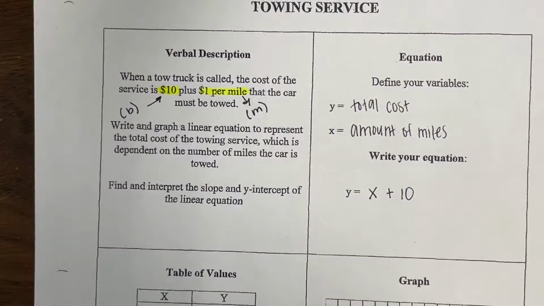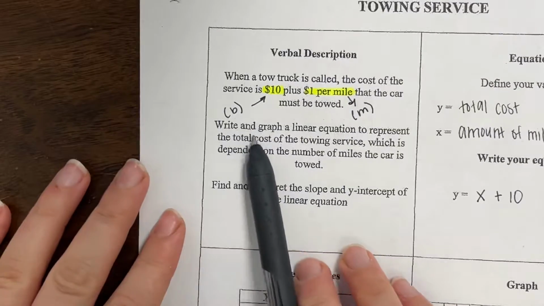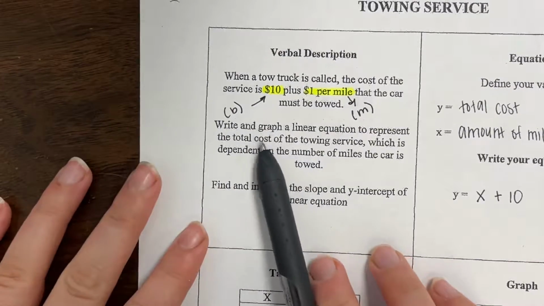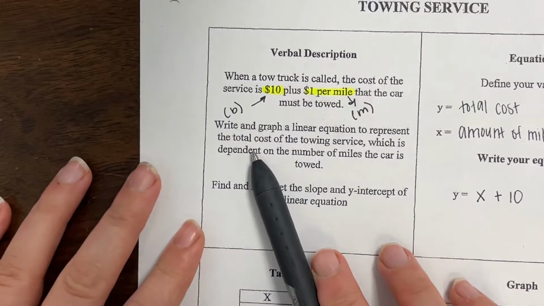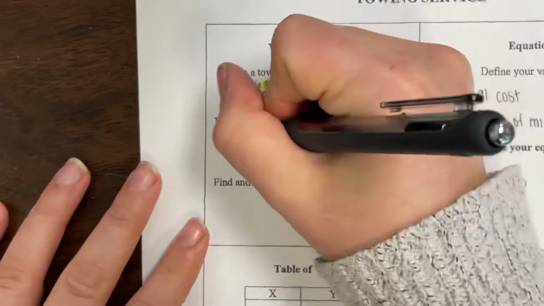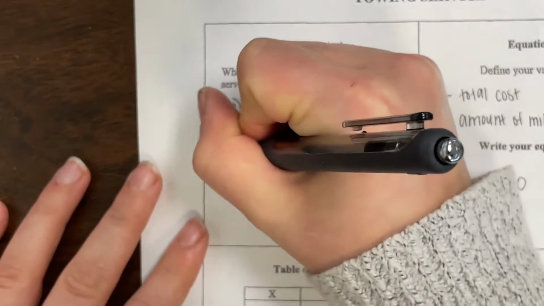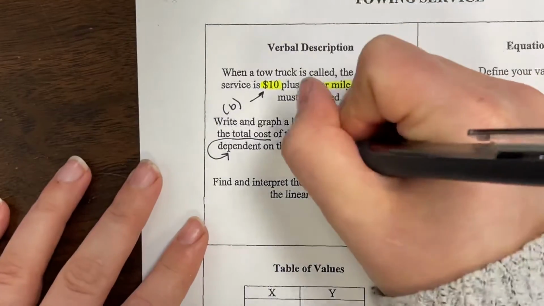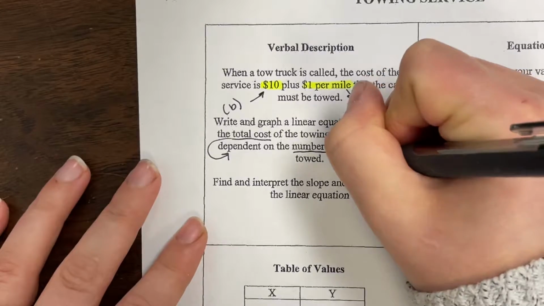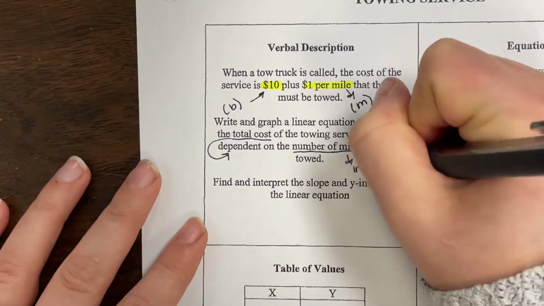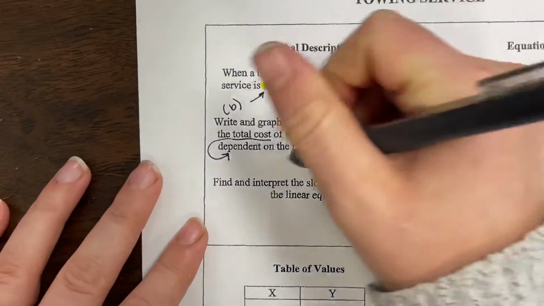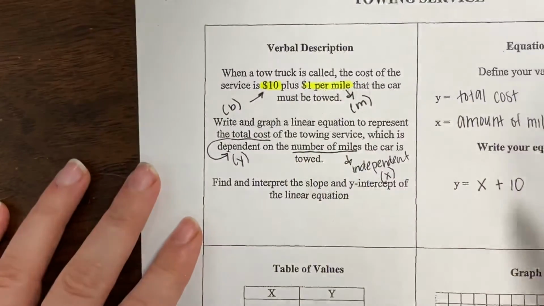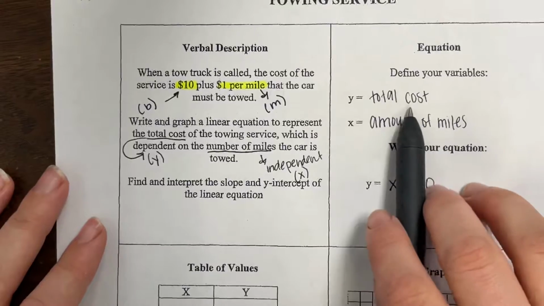It says, write a linear equation to represent the total cost of the towing services, which is the dependent. Total cost is dependent on the number of miles, which is independent. And remember that independent is always x, dependent is always y, so that's also how I got those define your variable sections.